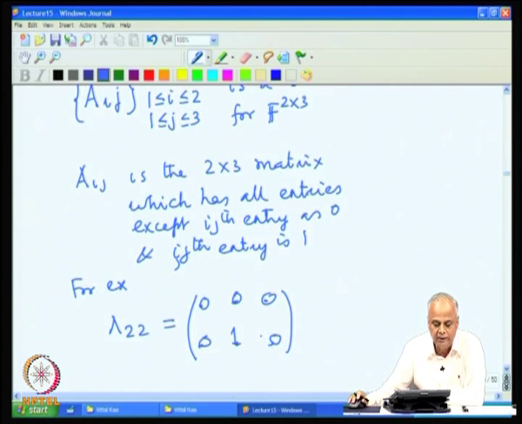So, if you look at these Aijs, they form a basis. How many vectors are there? Well, we are going to put a 1 in this place, 1 in this place, 1 in this place, and so on and so forth.